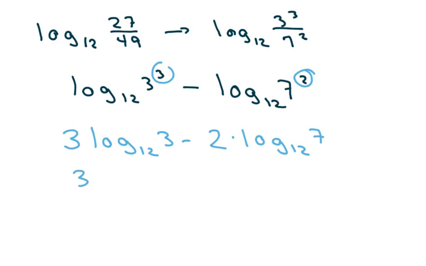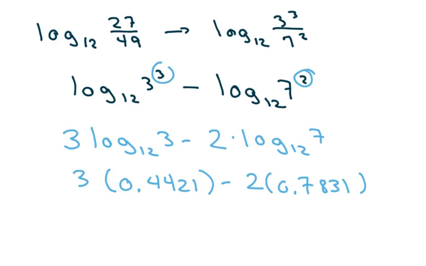So we have 3 times 0.4421 minus 2 times 0.7831. And that's going to give you approximately negative 0.2399. And that's basically how you use the properties of your logarithms. Thank you. Have a nice day. Bye-bye.